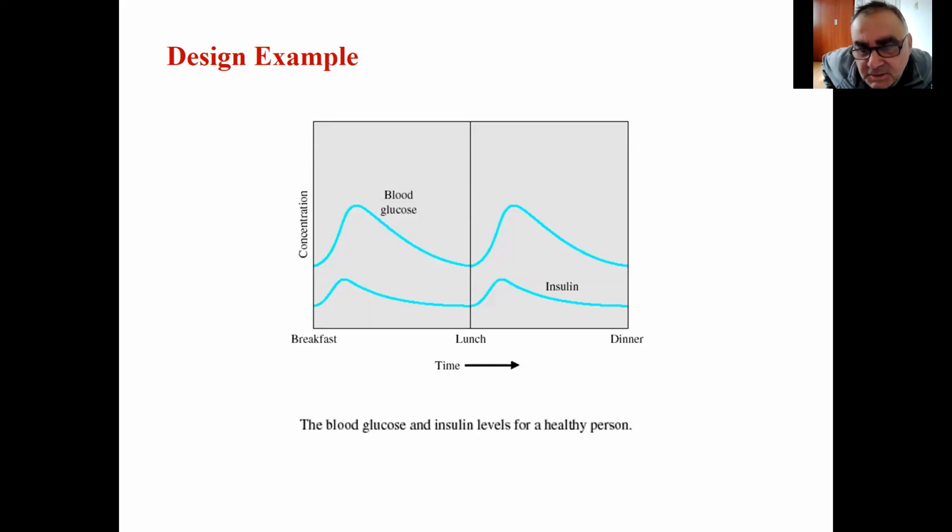Another interesting example is blood glucose level control for diabetic people. For people with diabetes, the blood glucose level cannot be controlled by the secretion of the enzyme insulin from the pancreas, because the pancreas does not work properly.